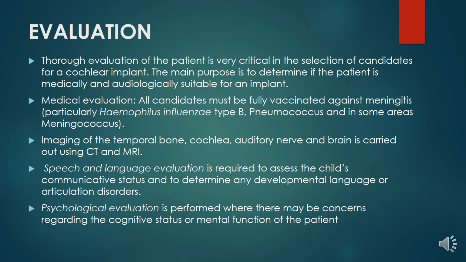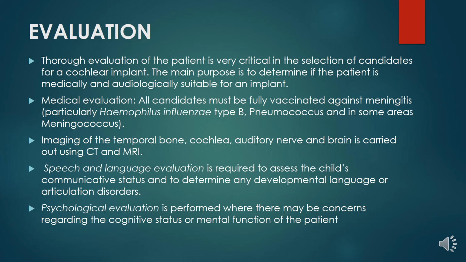Now evaluation. Thorough evaluation of the patient is very critical in selection of candidates for cochlear implant. The main purpose is to determine if the patient is medically and audiologically suitable for an implant. Medical evaluation: all candidates must be fully vaccinated against meningitis, particularly Haemophilus influenzae type B, pneumococcus, and in some areas meningococcus.